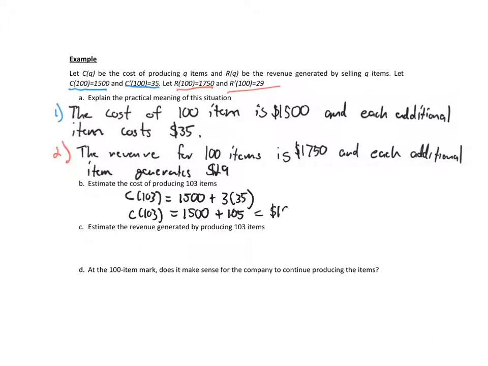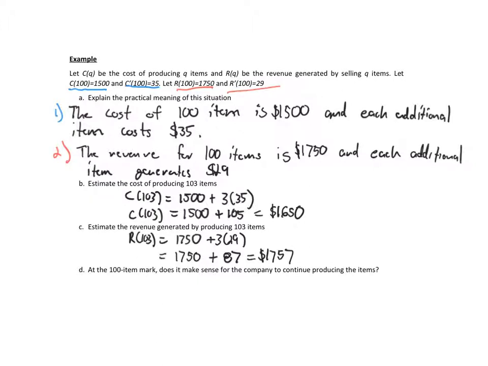That would be $1,605. So let's estimate the revenue generated by producing 103 items. R of 103 would equal 1,750 plus 3 times 29. So that would equal 1,750 plus 87, which would equal $1,837.